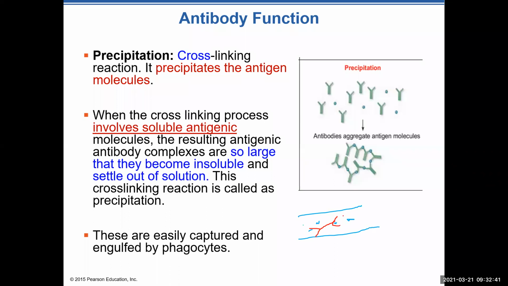As you can see here, they've clumped them together and inactivated them, same as agglutination. But here you have to remember the antigen is not the RBC, it is the soluble antigens, which are too large to stay in the blood, and they're easily identified by the antibodies and precipitated out.